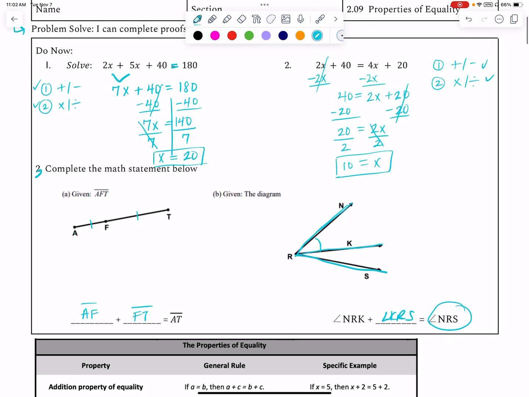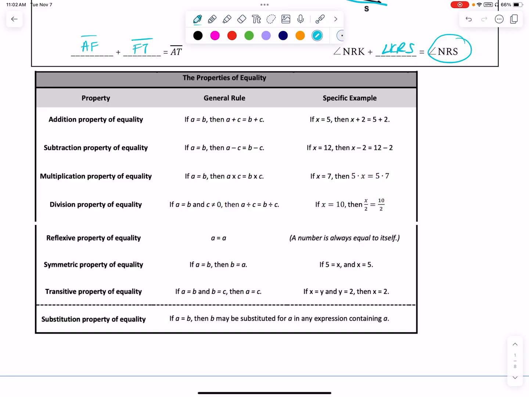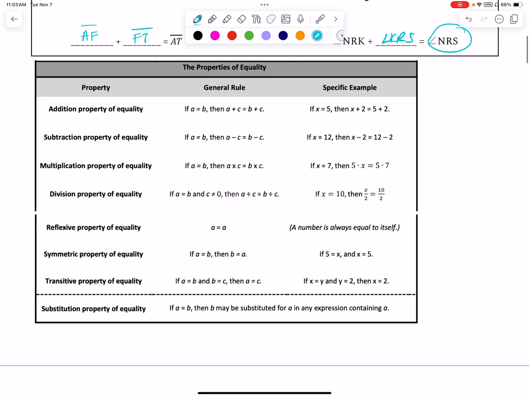So here are some additional properties of equality. Addition property of equality.